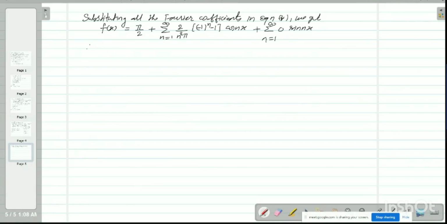This can be written as f of x equal to pi by 2 plus, here 2/pi is a constant, so taking 2/pi outside, sum from n equal to 1 to infinity of the remaining: -1 raised to n minus 1 by n square cos n x, and this term will be 0, no need to write.